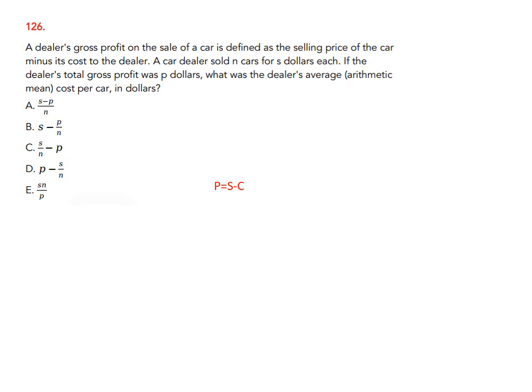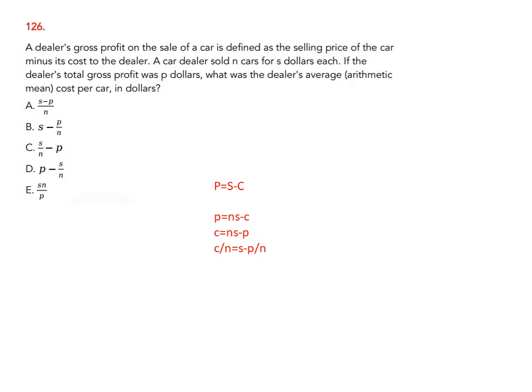So each car is S dollars. So N cars is NS dollars, right? So profit will be P equals NS minus C. Just rearrange the letters. So C equals NS minus P.